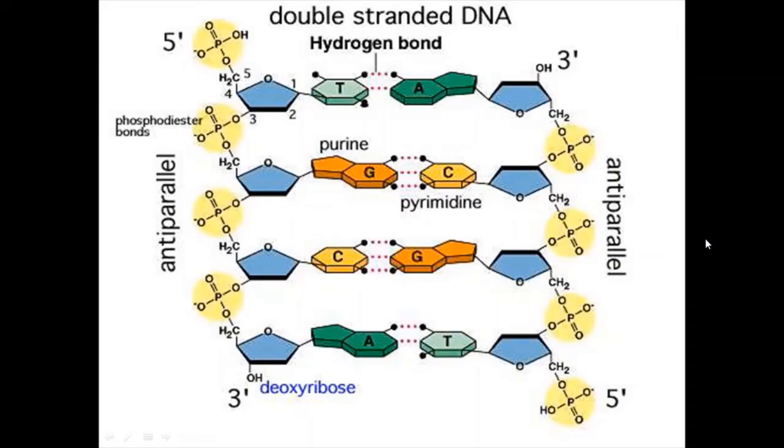That is, they run in opposite directions in relation to their sugar molecule. These polynucleotide strands are made up of a backbone of sugar and phosphate forming its long axis, and the bases are at right angles to it.